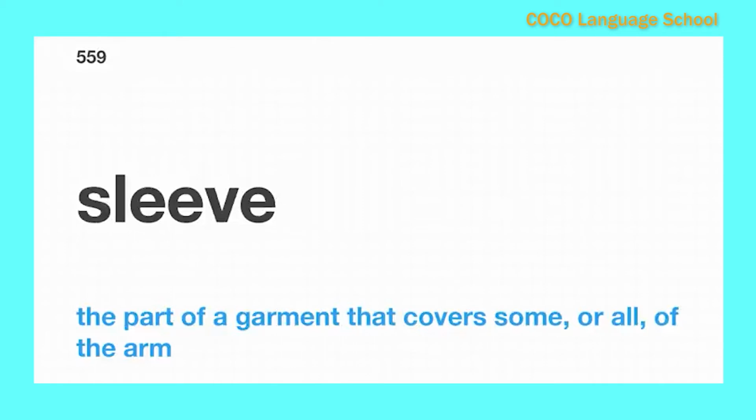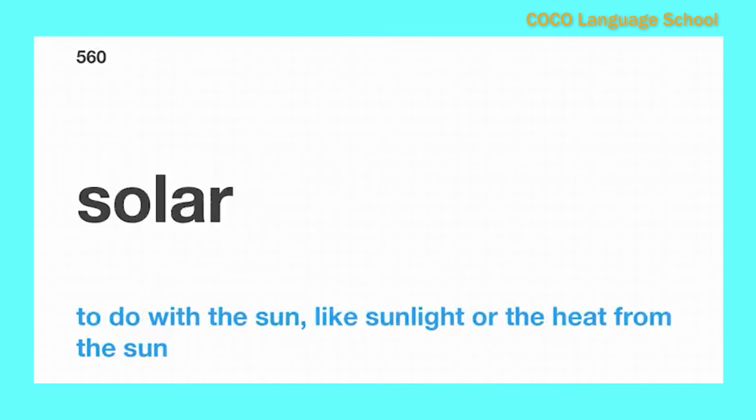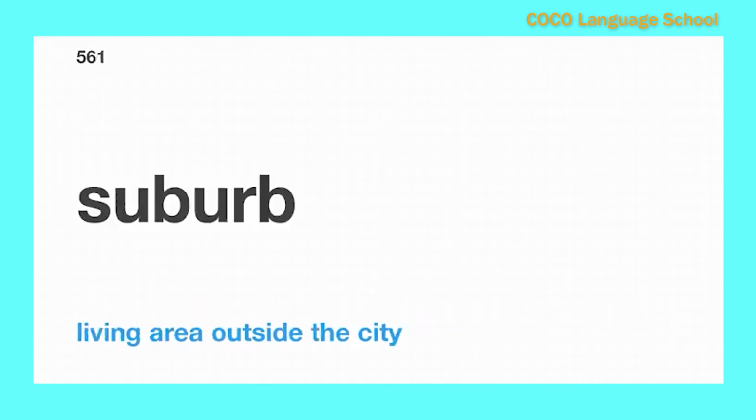The part of a garment that covers some, or all, of the arm. Sleeve. To do with the sun, like sunlight or the heat from the sun. Solar. Living area outside the city. Suburb.